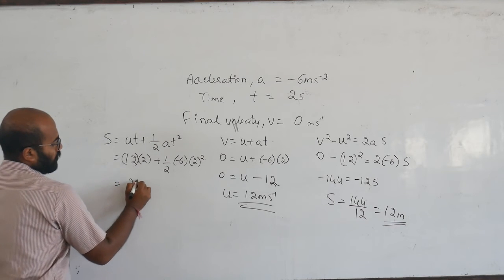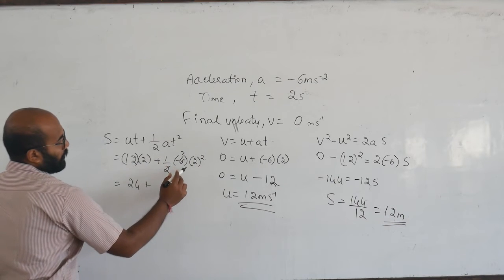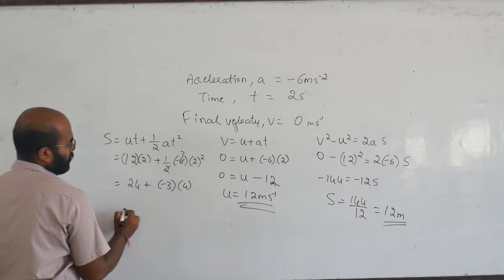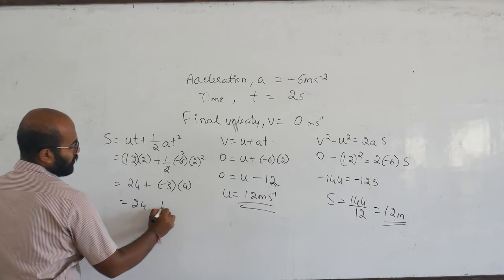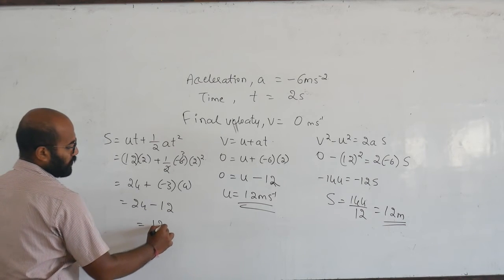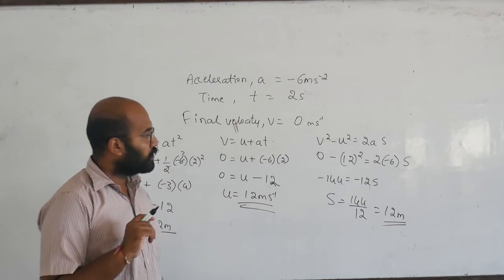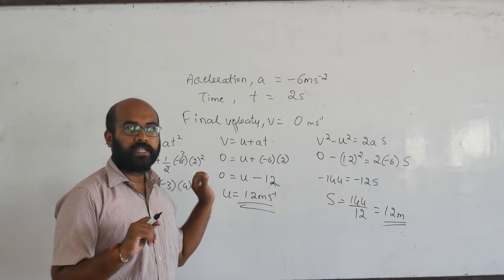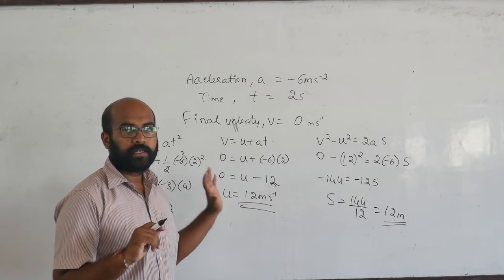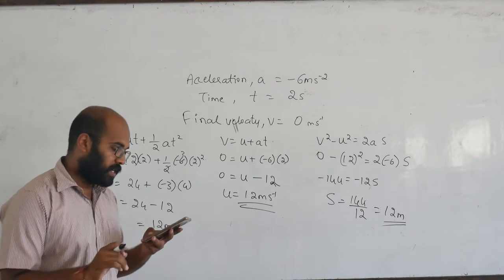So 12 2s are 24 plus 2 1s are 2, 3 2s are 6, so it is minus 3 into 2 2s are 4. So 24, 3 4s are 12, plus into minus is minus. So 24 minus 12 is 12 meters. So both are same. Whichever equation you use, you need to get the same distance. So I have used both of the equations and showed that the distance that it travels before coming to rest is the same, that is 12 meters.